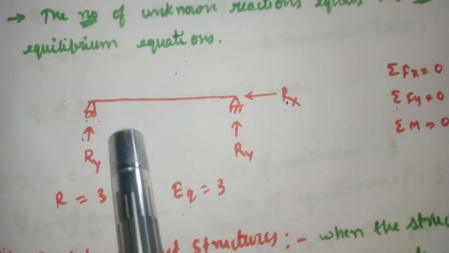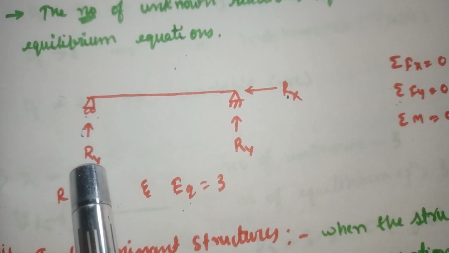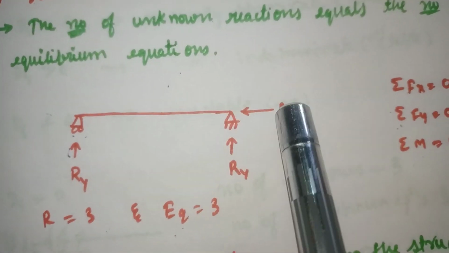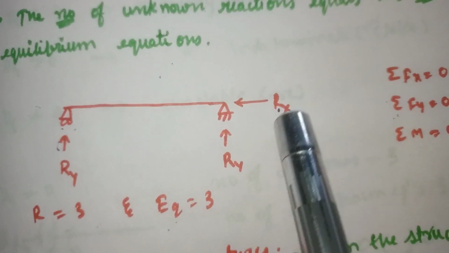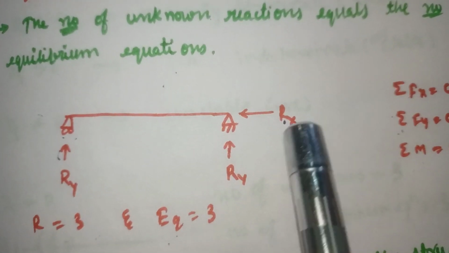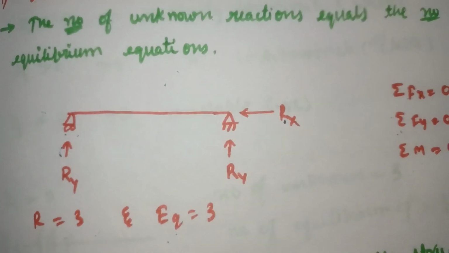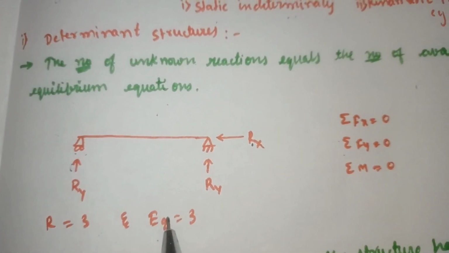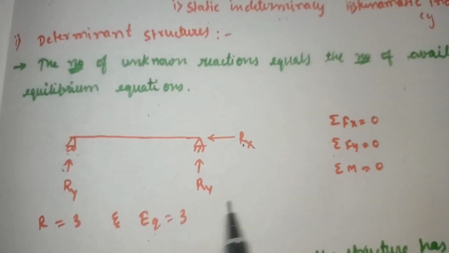For example, in roller support only one reaction will come, that is vertical reaction Ry, and in the hinged support two reactions will come, horizontal as well as vertical reaction. So total number of unknowns are 1, 2, 3, there are three unknowns. Our equilibrium equations for 2D are 3.